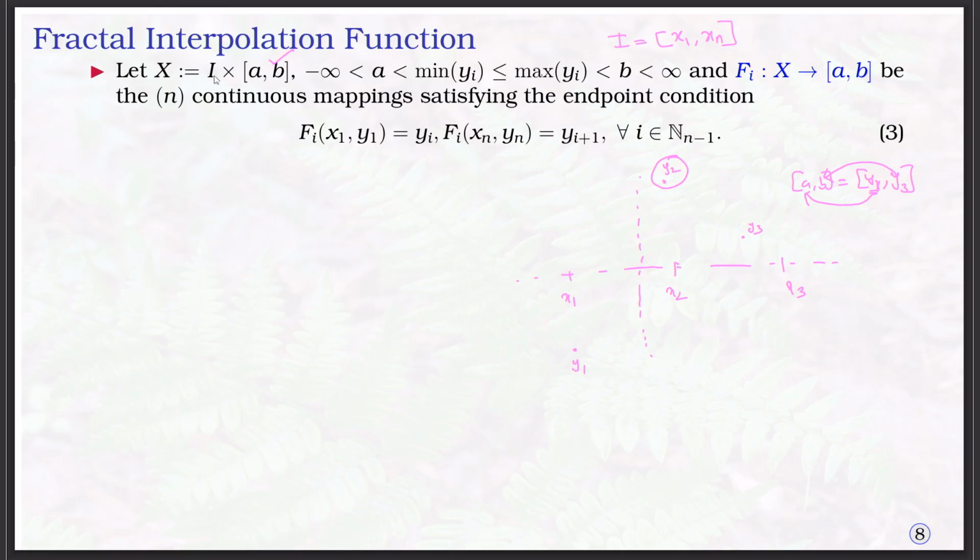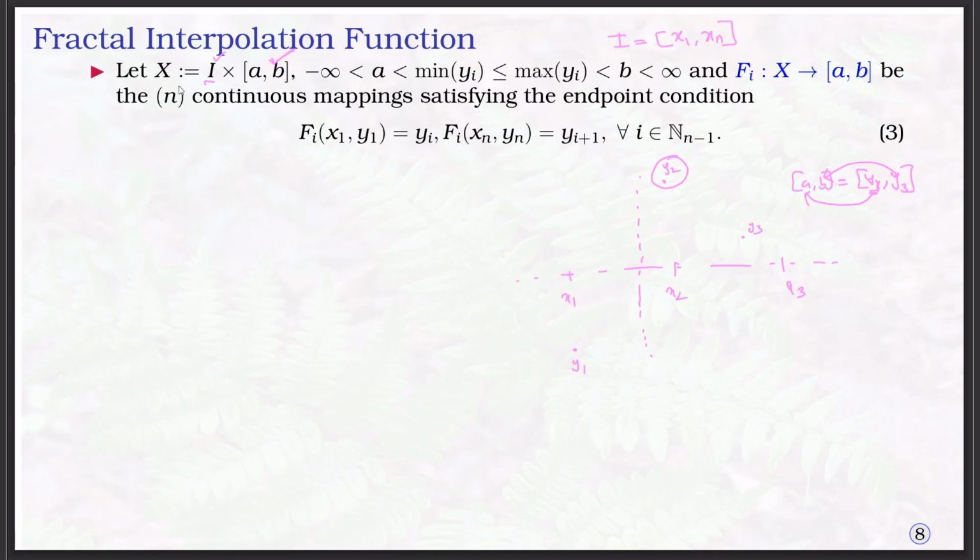So we are taking I as x1 to xn, so it will cover all the points in the x direction. For covering all the points in the y direction, we need to take the closed interval [a, b], where a is a lesser value than the minimum of all the y, and b is a greater value than the maximum of all the y. Now, you can note that I is a compact interval, so it is a compact set, and the closed interval [a, b] is also compact. Obviously both are complete.